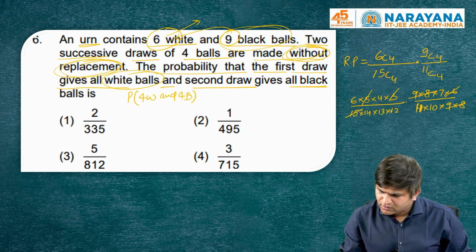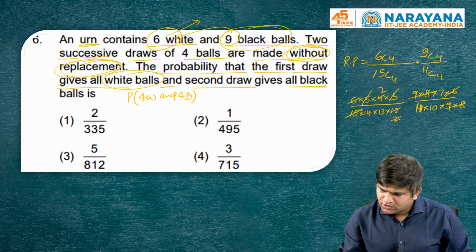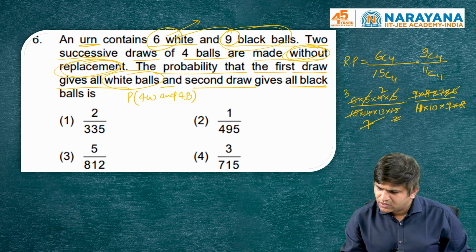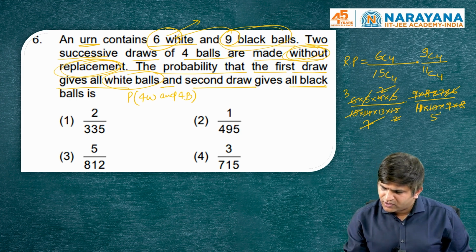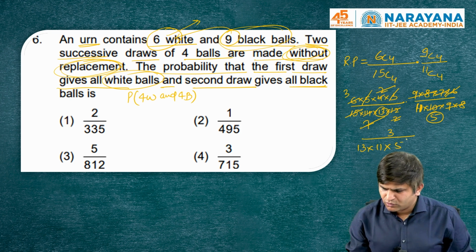So we are getting 2 here, and we can cancel 3, and we get 7, this 7 we can cancel, and this we can cancel as 5. So we are left with 3 divided by 13, 11, and 5. I hope this is correct.